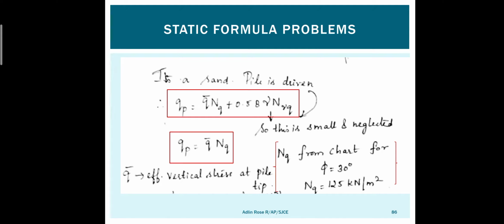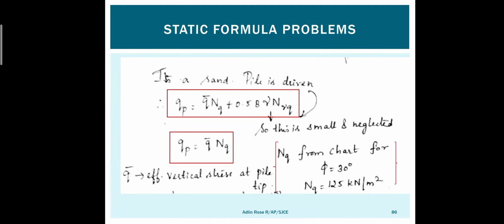Since it's a sandy soil, QP is equal to Q bar NQ plus 0.5 B gamma N gamma, and the 0.5 B gamma N gamma term is very small, so we neglect it. They have given the internal friction as 30 degree. So we have only the first term of the equation. QP is equal to Q bar NQ.